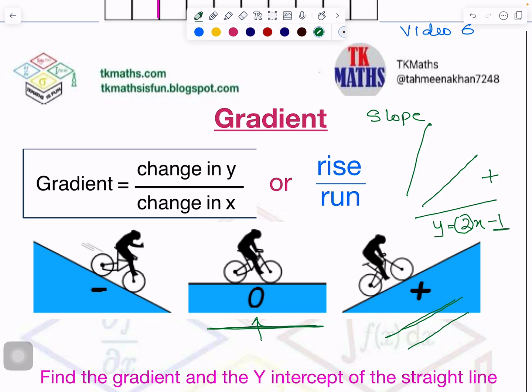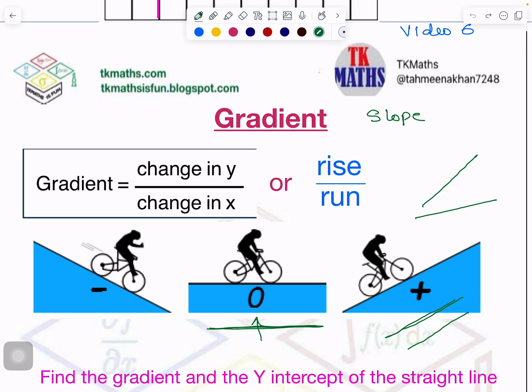It means the direction of the line will be something like this. Whereas in the first case, when you are climbing down, this direction of the line has negative gradient. Now these are very important things to remember. So without doing any calculation, I will know if a line has negative gradient, the direction of the line will be something like this. So this is the basic thing.